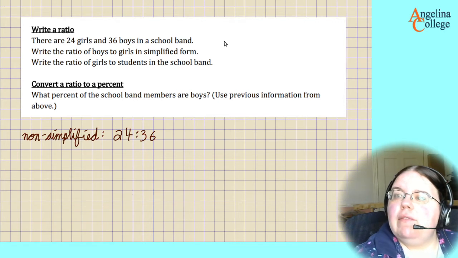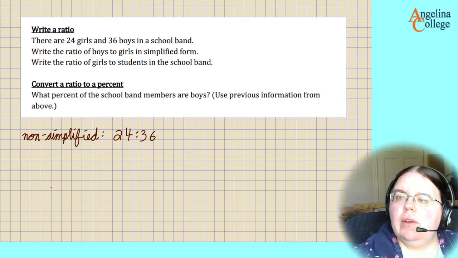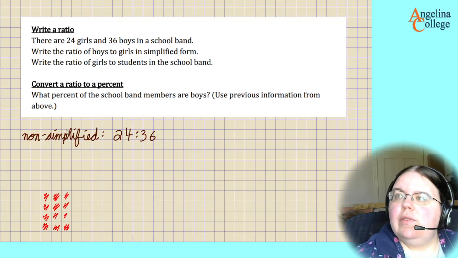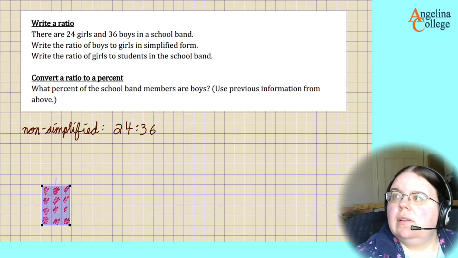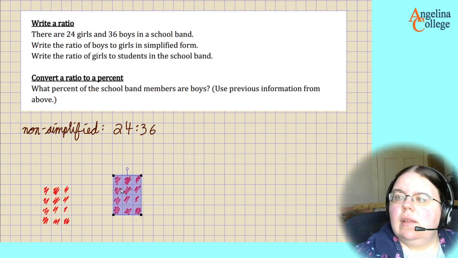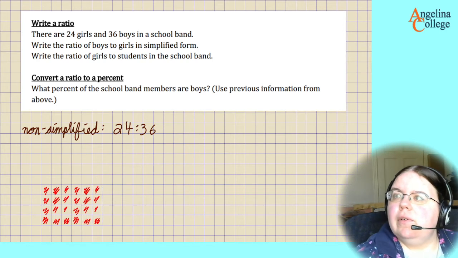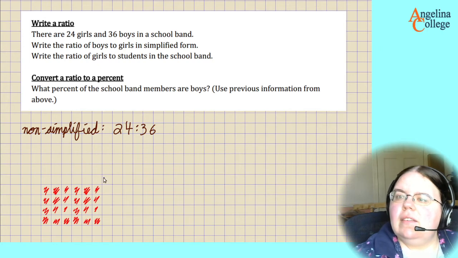Well, if we have 24 girls, there's 8, there's 12, and 24, and then 36 boys.